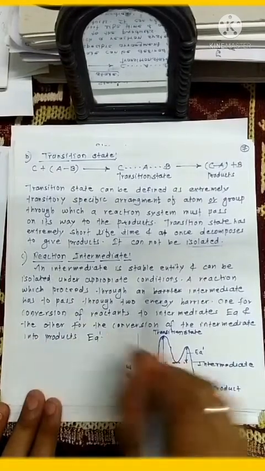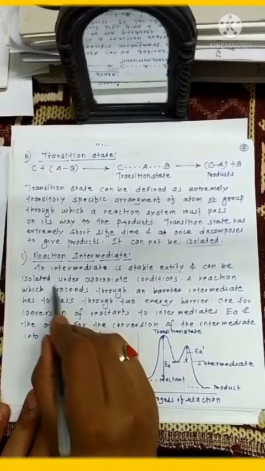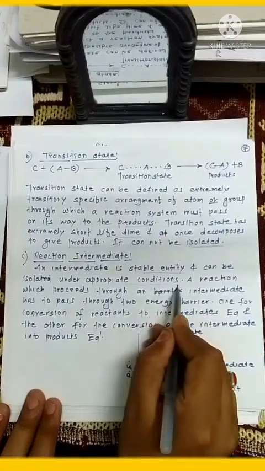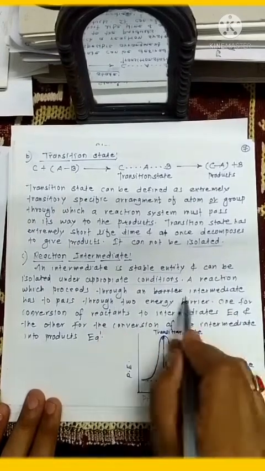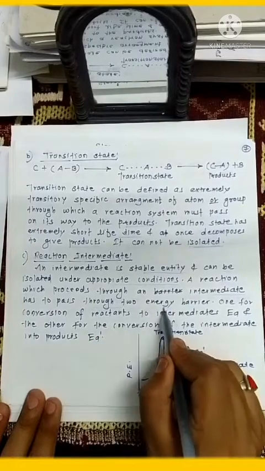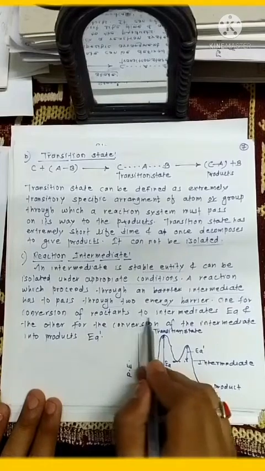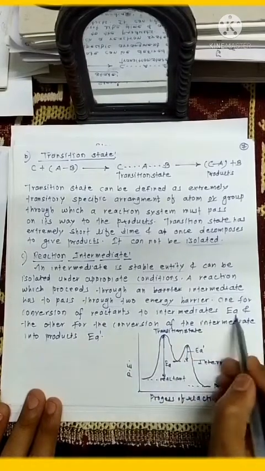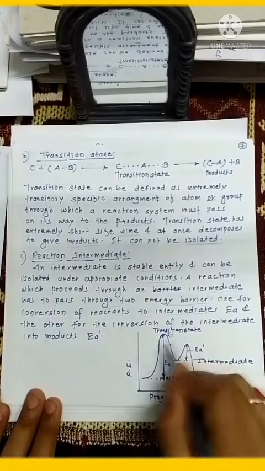An intermediate is a stable entity and can be isolated under appropriate conditions. It is important. A reaction which proceeds through an intermediate has to pass through two energy barriers, one for conversion of reactant to intermediate, which is denoted by EA.